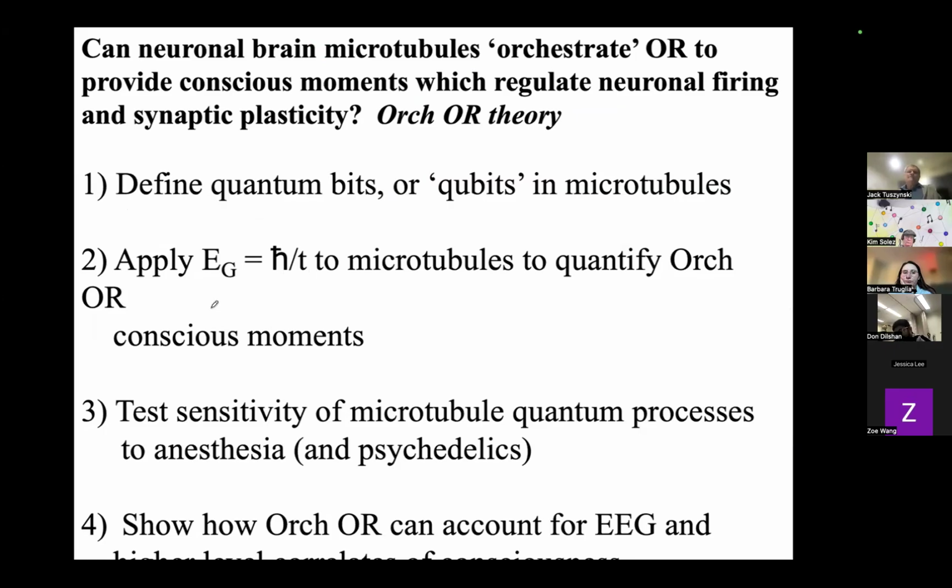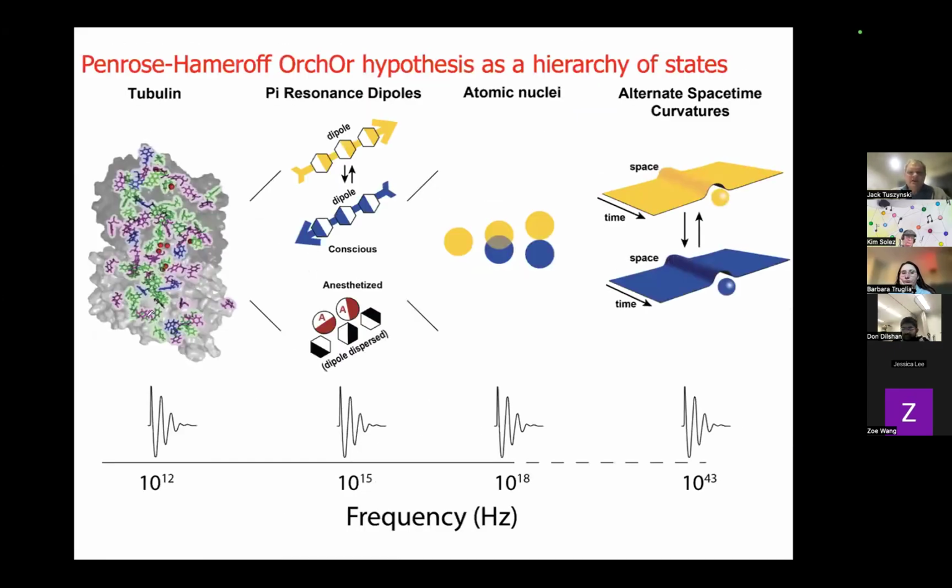Okay, so maybe I'll skip this. I'll just say that what I told you about Travis and myself, our publications, is still pretty down to earth, because the Orch OR hypothesis goes really far out, and it talks about these quantum states being present in a curved space-time, as in general relativity theory, and it can operate at all kinds of frequencies and different subatomic scales.